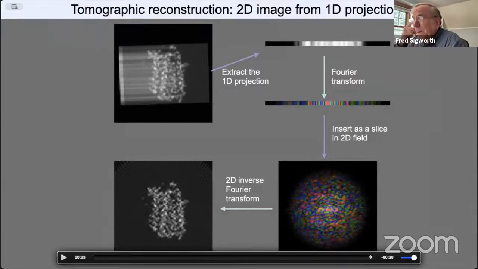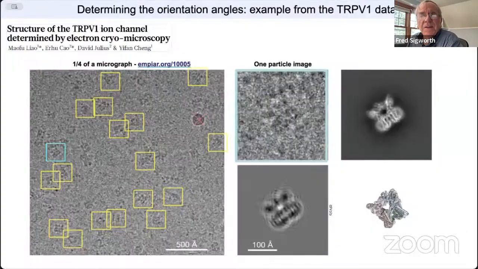So the only problem with this operation in 2D or 3D is you have to know the angles. You have to know where to insert your slice in the higher dimensional volume. And that's the biggest trick, I think, in 3D single particle reconstruction.